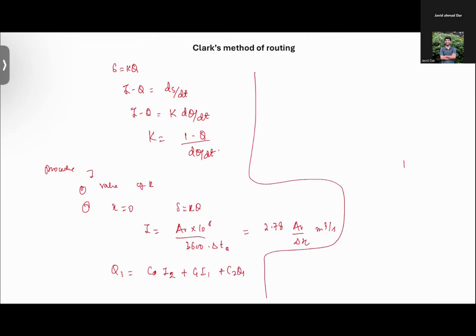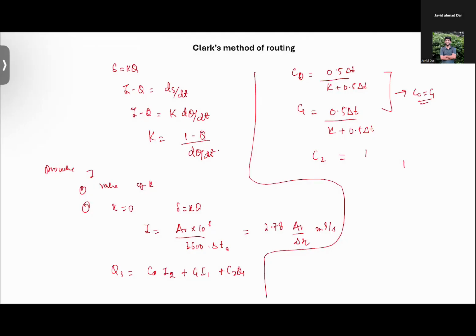C naught is 0.5 times delta T divided by K plus 0.5 times delta T. C1 is 0.5 times delta T divided by K plus 0.5 times delta T. You compare here, C naught is equal to C1.